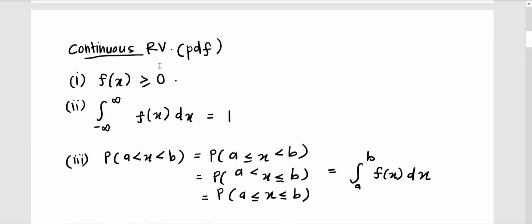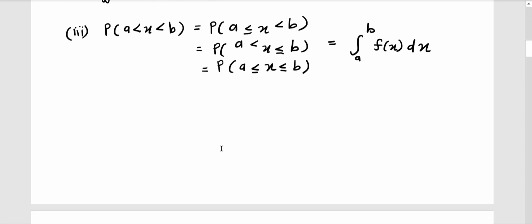A continuous random variable has a PDF when the integration from negative infinity to infinity of the function is equal to 1.